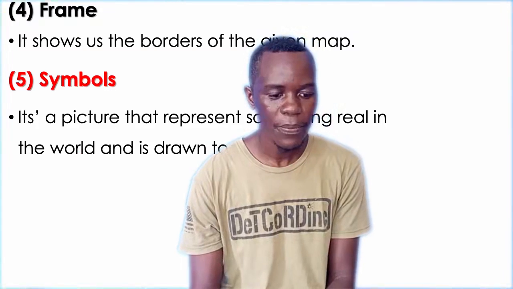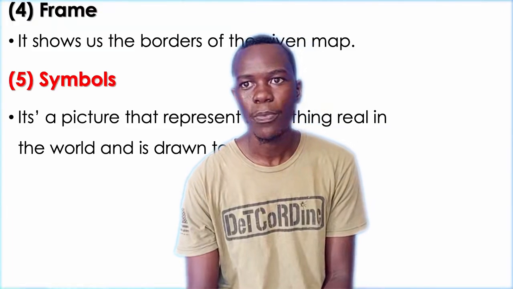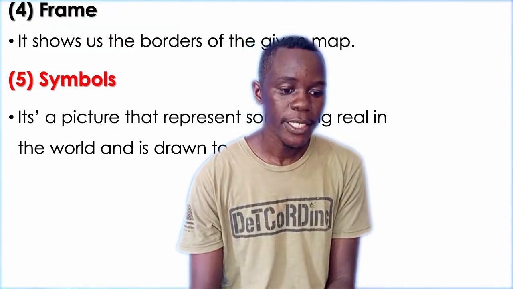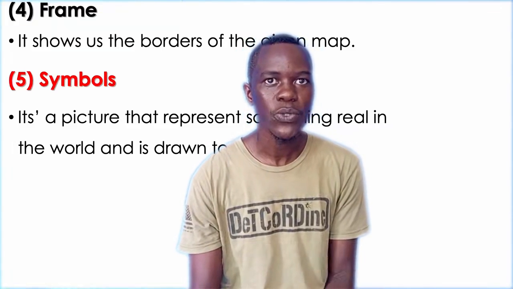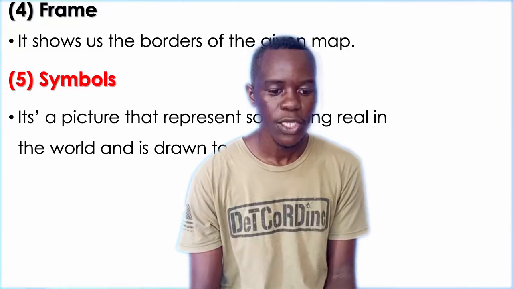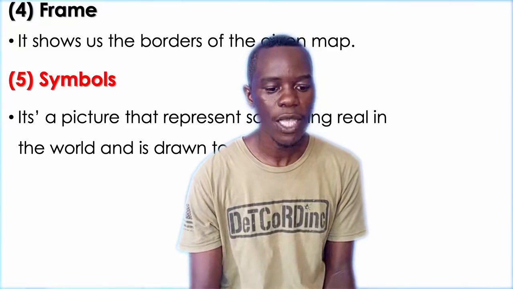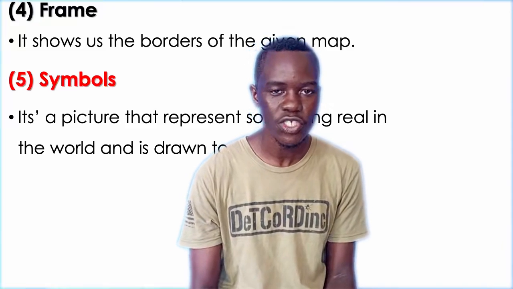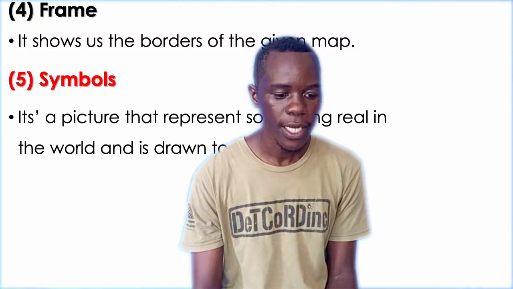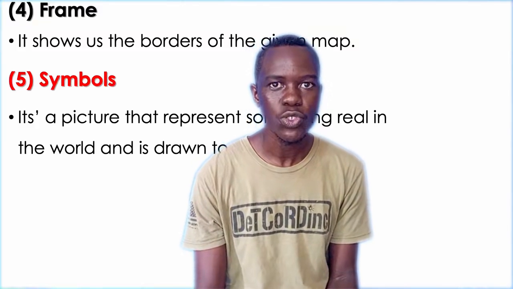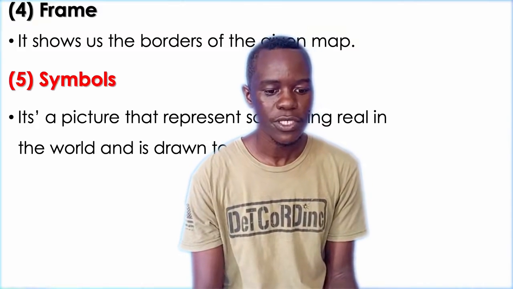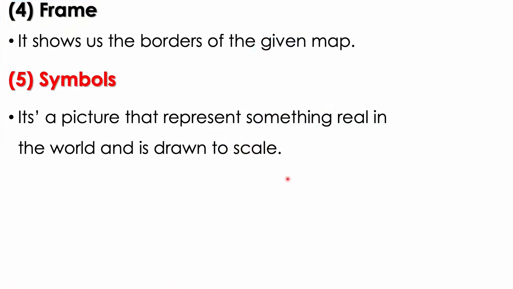So you can have something else, for example, the vegetation, the trees, and these are the real things which you have in the world. So on the map, you have a picture which represents the vegetation, and that picture is always drawn to a scale.